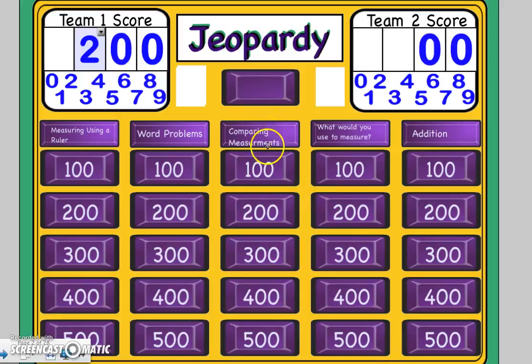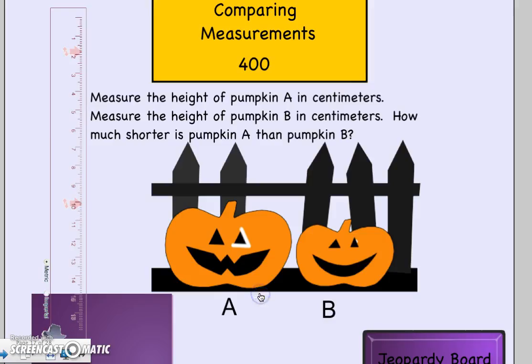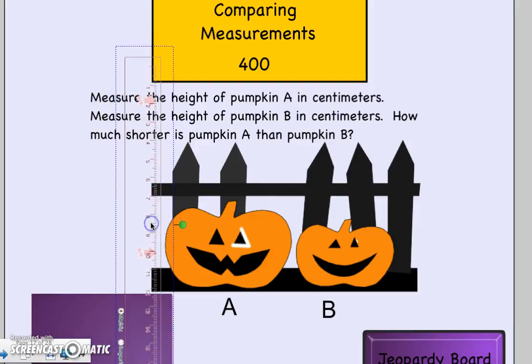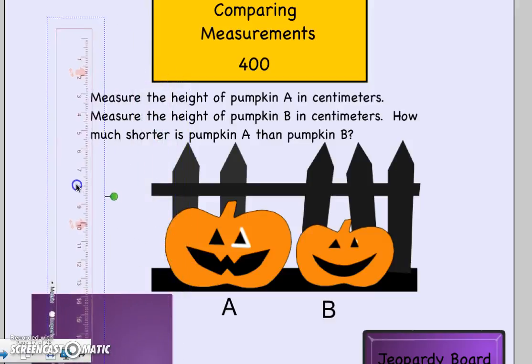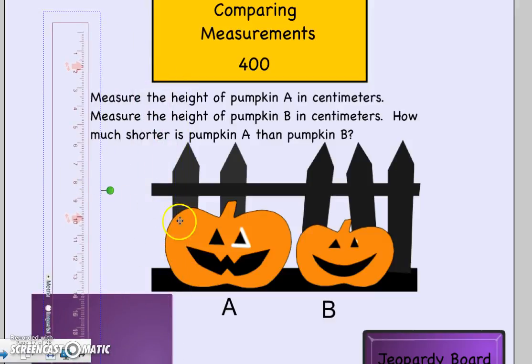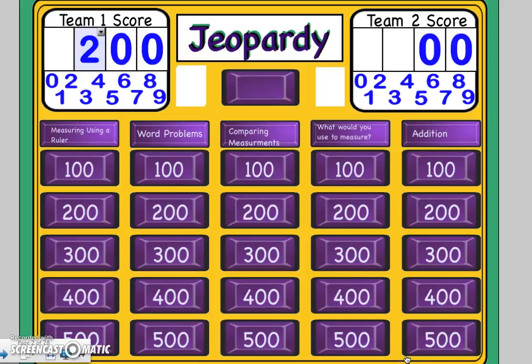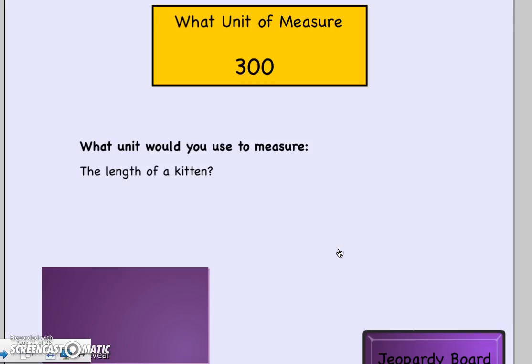If we did comparing measurements for 400, it's another one with an interactive tool where it looks like the students would have to measure the heights of the two pumpkins and then find the difference between pumpkin A and pumpkin B. What would you use to measure for 300?